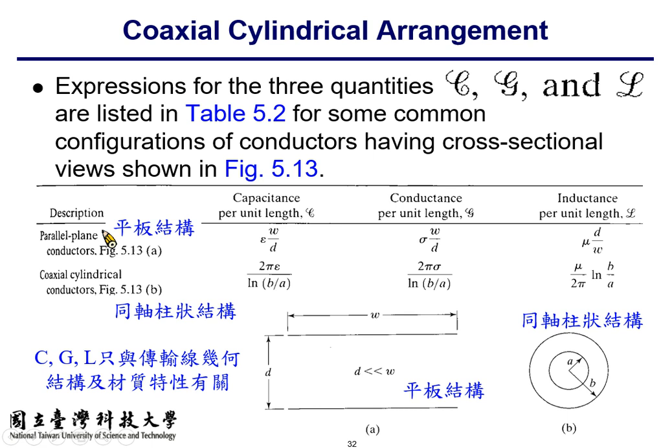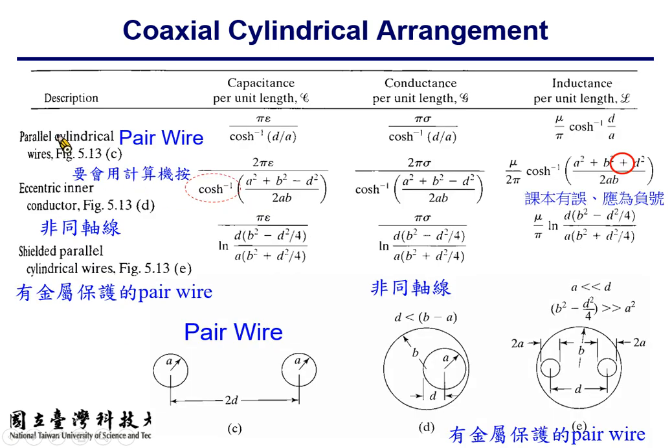So here in this table 5.2 in your textbook, list the per unit length capacitance, conductance, and inductance for several kinds of transmission line structure, right? So parallel plate is the first one, coaxial, second one. The third one is parallel cylindrical wires. That's the two-wire structure.